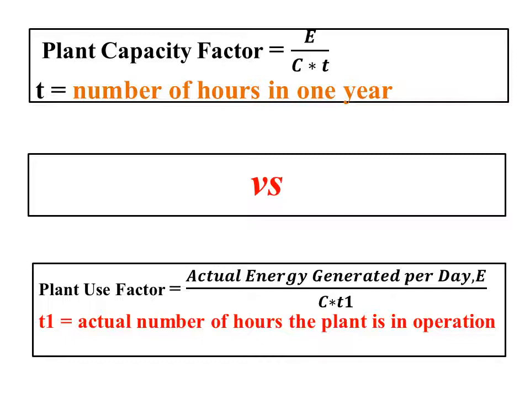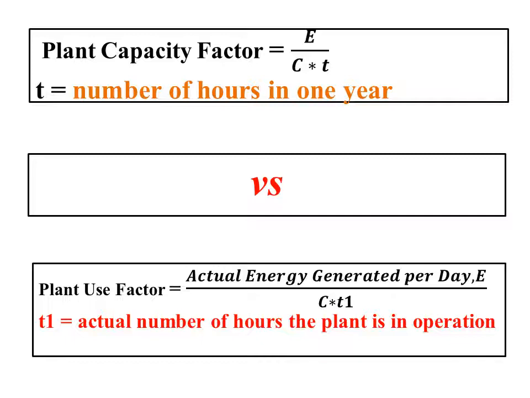In the denominator, for plant capacity factor it is C into T. C is rated capacity, T is the total number of hours in 1 year. But if you observe use factor, in its denominator there is not C into T, rather it is C T1. So what is T1? T1 is the actual number of hours the plant is in operation.